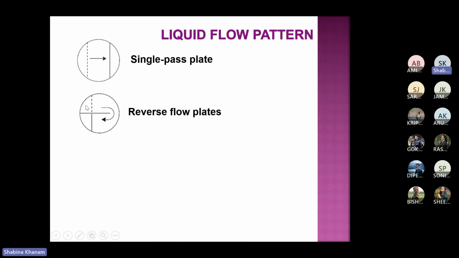In this case liquid is falling to half of the calming zone on this side. And here one strip is there which you can consider as the baffle or the weir, and this is the exit weir.